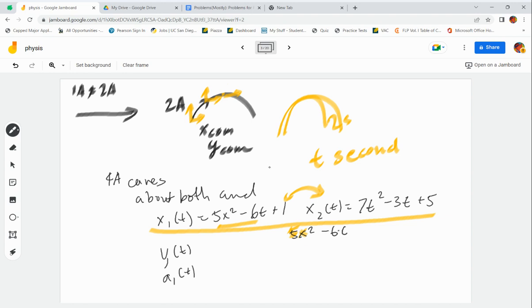I don't even know the answer to this. I haven't done this problem because I just made up the polynomials. So you can see that that is kind of the objective here.